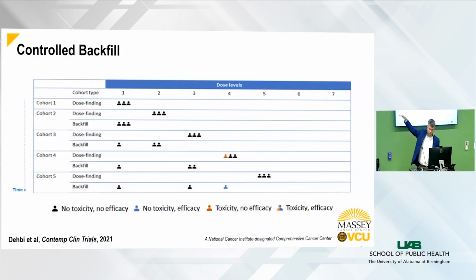So the first cohort is just a cohort of 3 patients, and they're in the dose finding phase. They don't have any DLT, so we move up to the second dose level in the second cohort, and we backfill to the first dose level with 3 more patients.